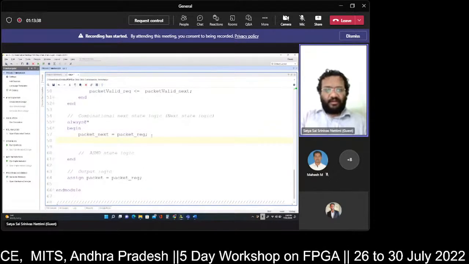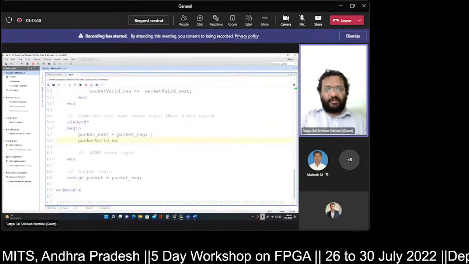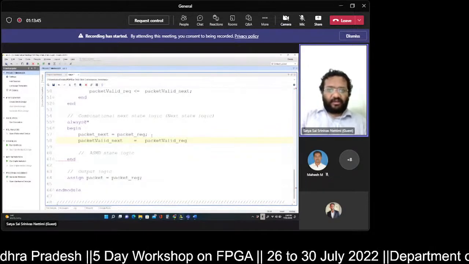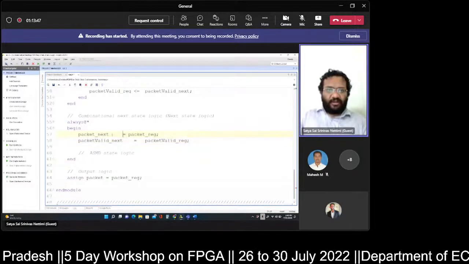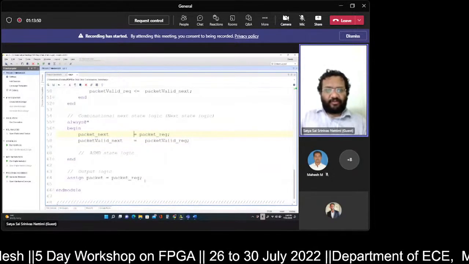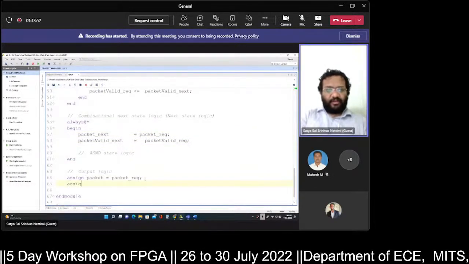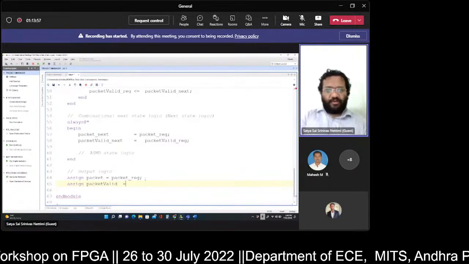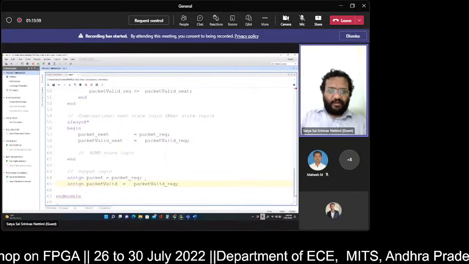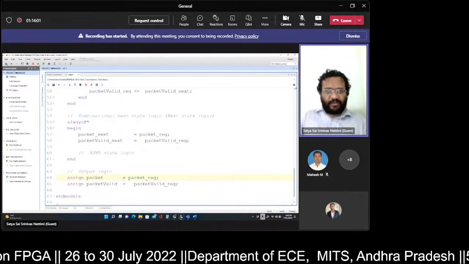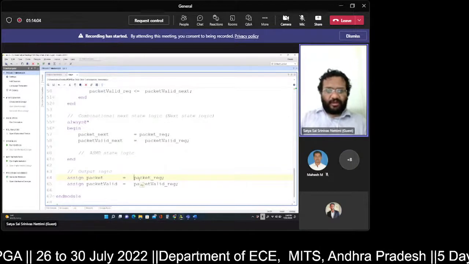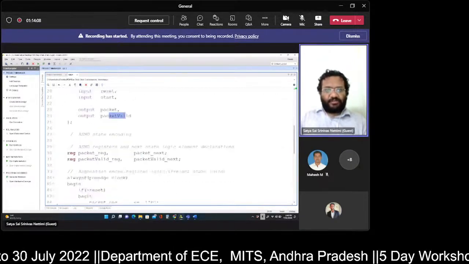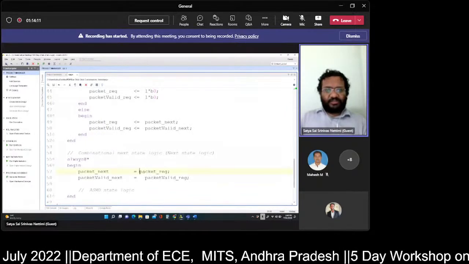And ideally, the next state logic follows the register content when there is no manipulation. Finally, there is the packet valid output register. So I think I'm clear up till here. For all the outputs, we created registers, and via the register we drive the outputs.